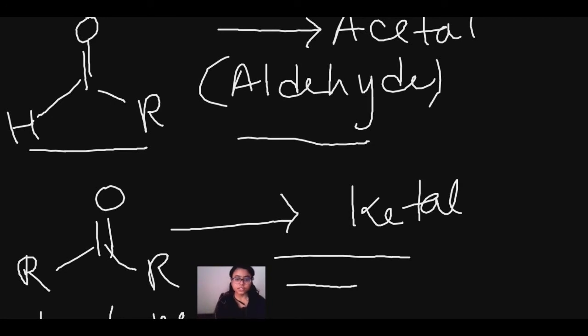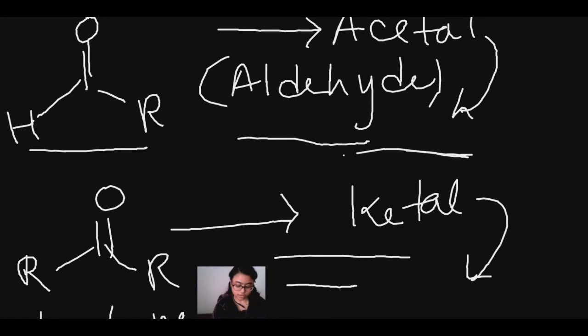Now the question is how we will get that, and what is hemiacetal, what is hemiketal? The intermediate form for acetal formation is called hemiacetal. The intermediate form of ketal formation is called hemiketal. Okay, so let's see.